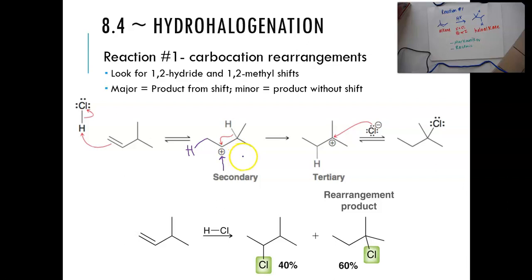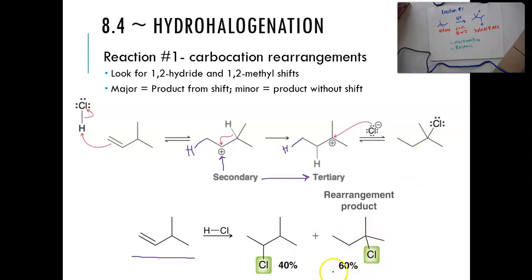If we do a hydride shift, so we're going from the hydrogen on the next door neighbor and shifting it over, I'm going to draw on my original hydrogen here. We go from having a secondary carbocation to a tertiary carbocation. And remember, our shifts are only going to happen if it increases the stability of that carbocation. So down here is that original alkene that we started with.